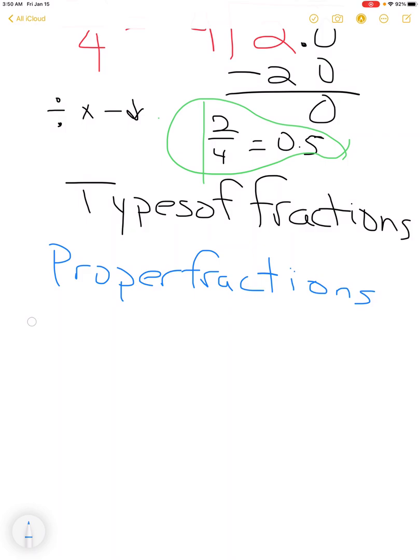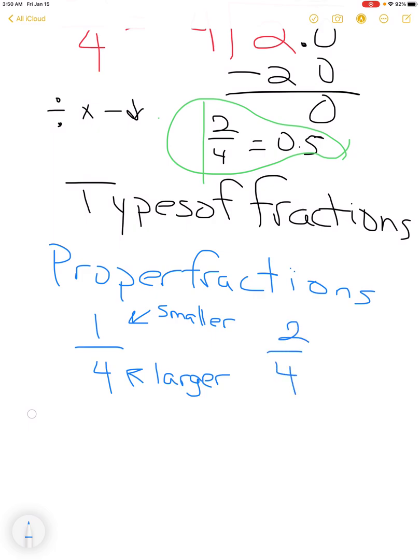So if the numerator is smaller than the denominator, this is a proper fraction. So if this number is smaller than the bottom number, or the bottom number should be larger, this will be considered a proper fraction. Now, it doesn't just have to be the number 1 at the top. You can have 2/4. The numerator is smaller than the denominator, so that would be considered a proper fraction.